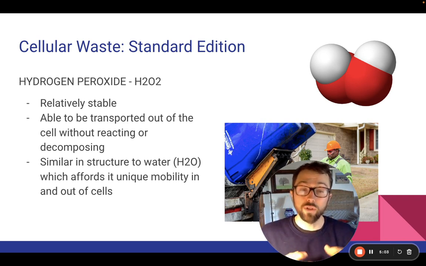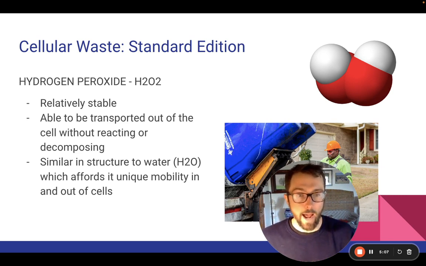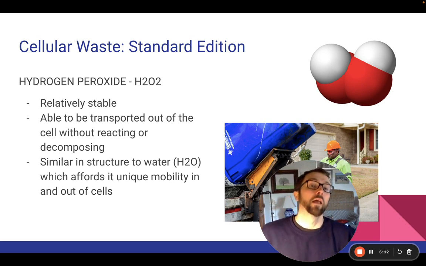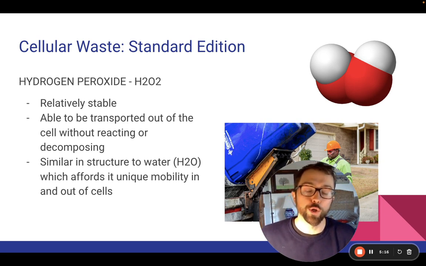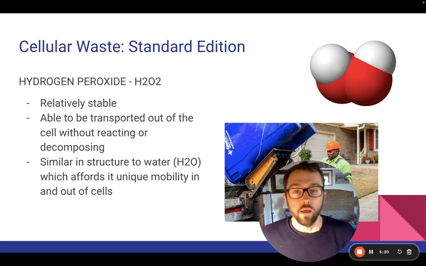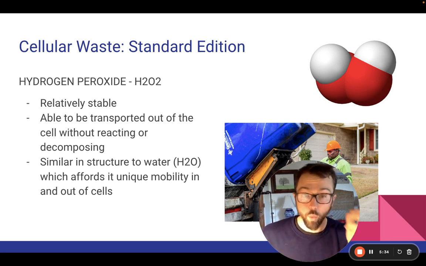H2O2 is relatively stable, meaning that it's less likely to react with random things as it's being transported out of the cell. And because it is so structurally similar to water, H2O, hydrogen peroxide is a lot more mobile. So it's going to be able to move through cell membranes and be passed out of the cell and into the waste system a lot easier because it looks a lot like water.